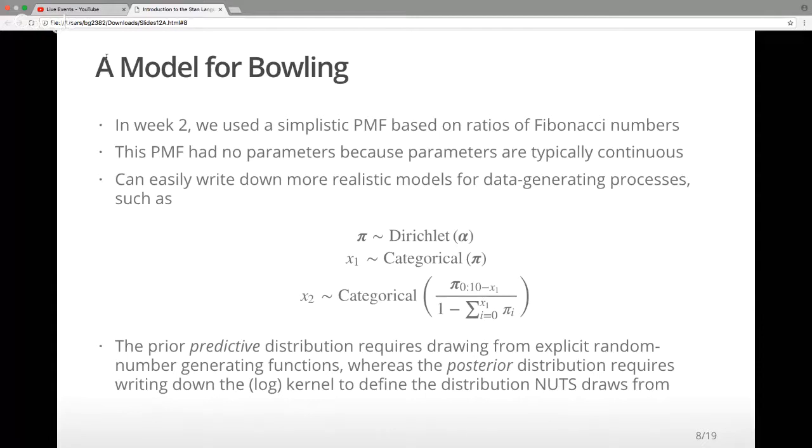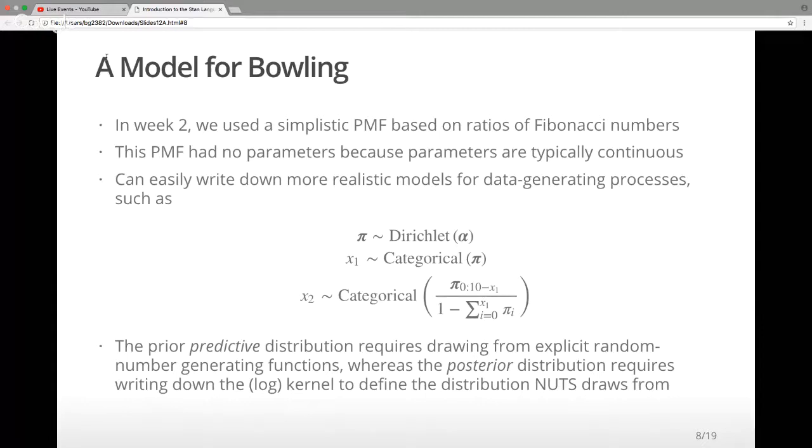We would end up with these realizations of x1 and x2, or x1, x2, and pi. And we'd be like, okay, we can evaluate whether our prior makes sense. Does the sort of simulated frames of bowling that we get look like we anticipate real frames of bowling to be? Anyway, that's drawing from the prior predictive distribution.